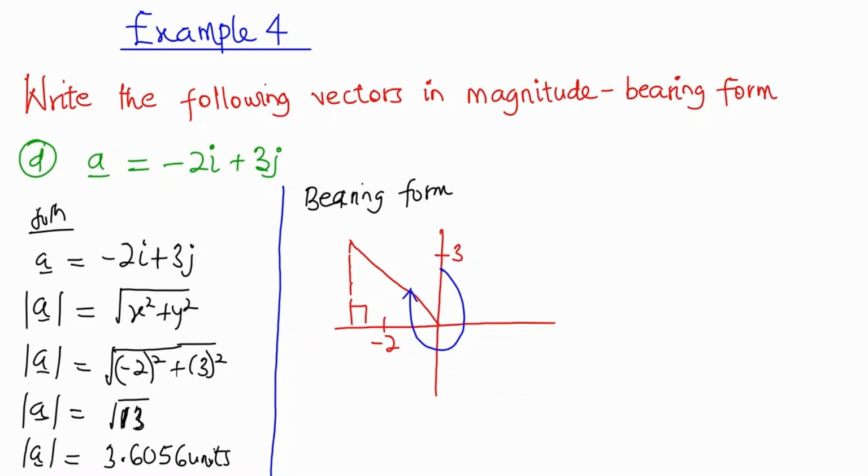So let's represent that one by alpha, but we cannot find alpha directly unless we represent the angle the vector makes with the x-axis by theta. So let's represent this portion of it by theta. Good. So if that's the case, then we can apply our trig ratio.